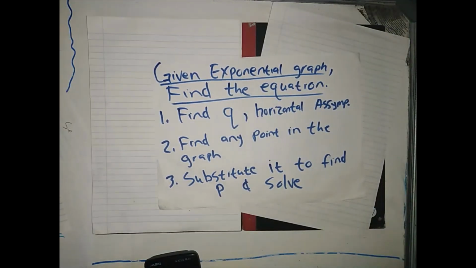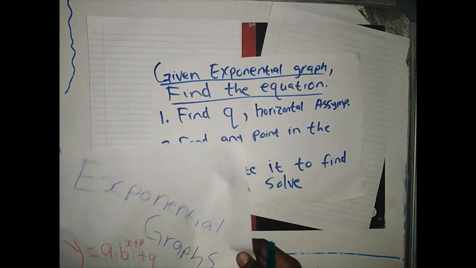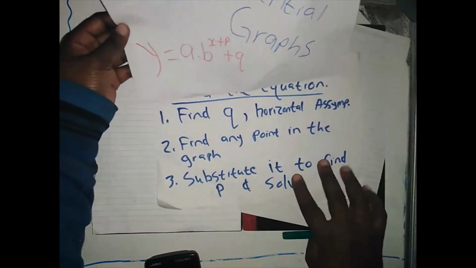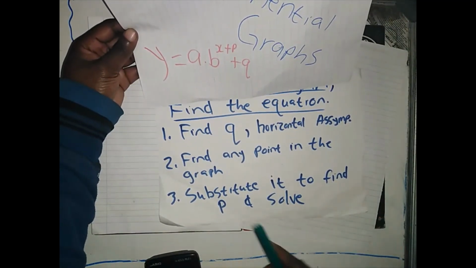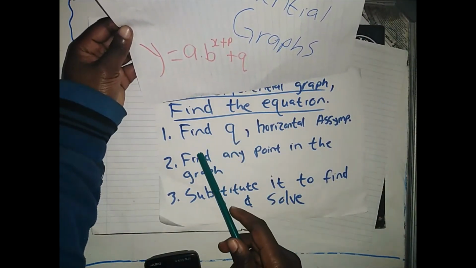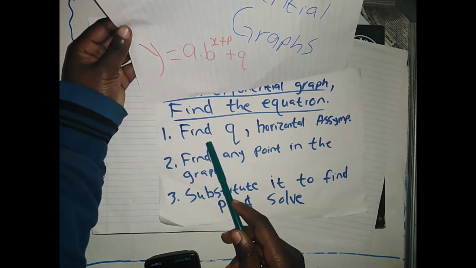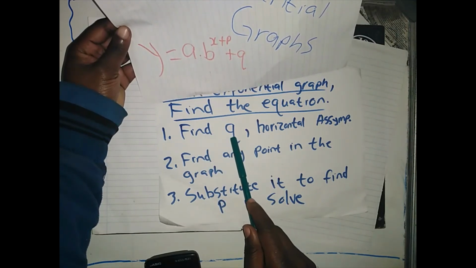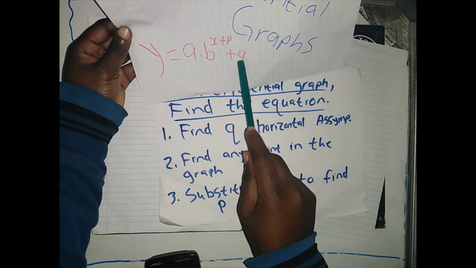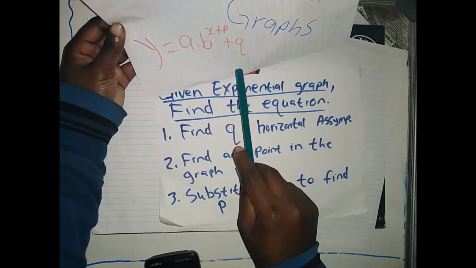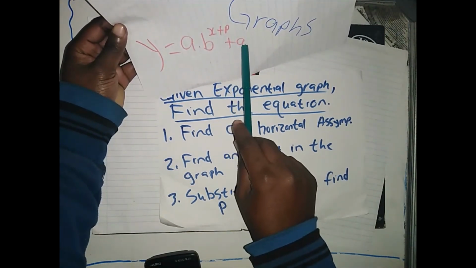So in terms of this equation that we have, remember the graph is in this form, right? So what do we then do? What you need to do is find the value of q, which is the horizontal asymptote. Guys, whenever you're doing an exponential graph, you must always find this one first.